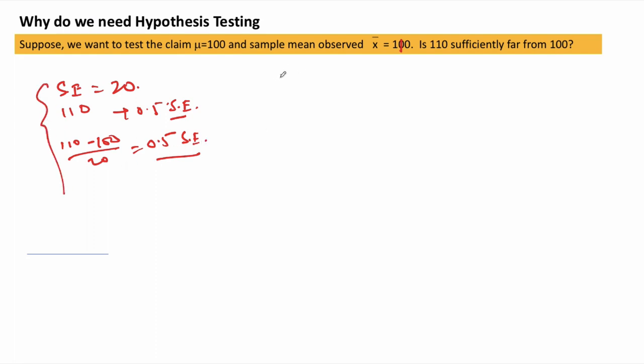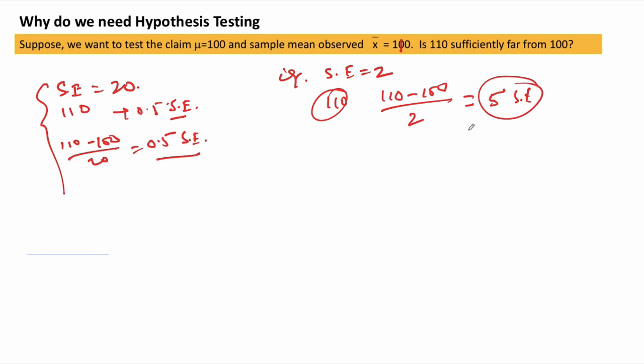But think that if the standard error is equal to 2, not 20, then what will happen? How far is this 110 data point lying? That is (110 minus 100) divided by 2, so that means it is coming to 5 standard errors, correct? So now this is very big.